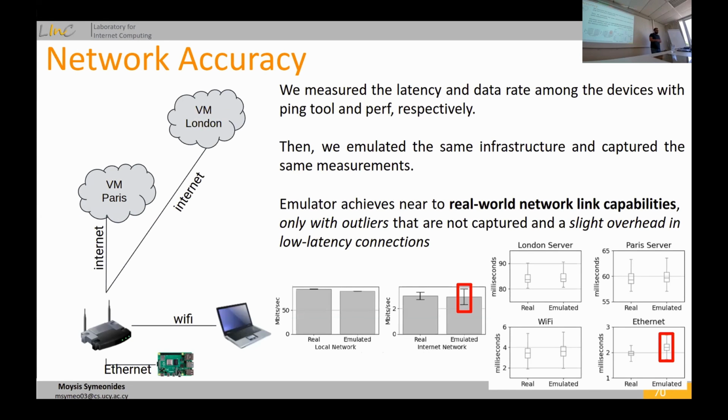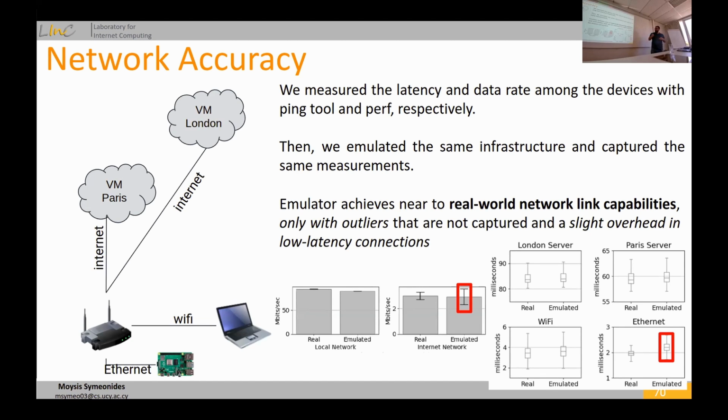So in our first experiment, we emulated 4 compute nodes: 2 VMs, one located in London and another located in Paris. We also have a Raspberry Pi 3 connected to the local network via Ethernet, and a laptop connected again to the local network via Wi-Fi.